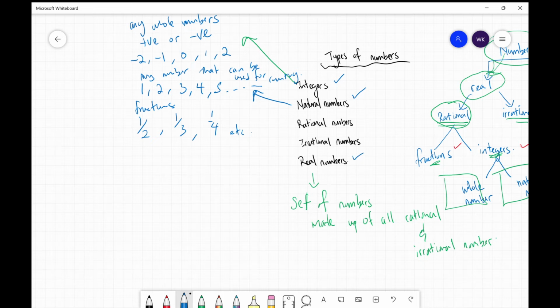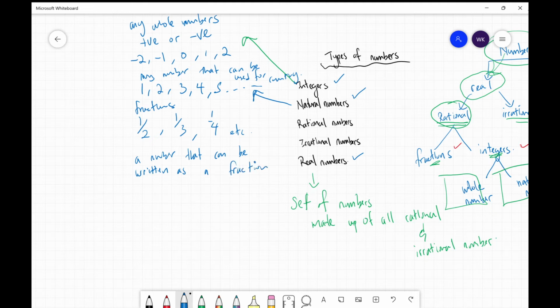So what is rational numbers? What is the definition, right? So rational numbers, the definition is a number that can be written as a fraction.